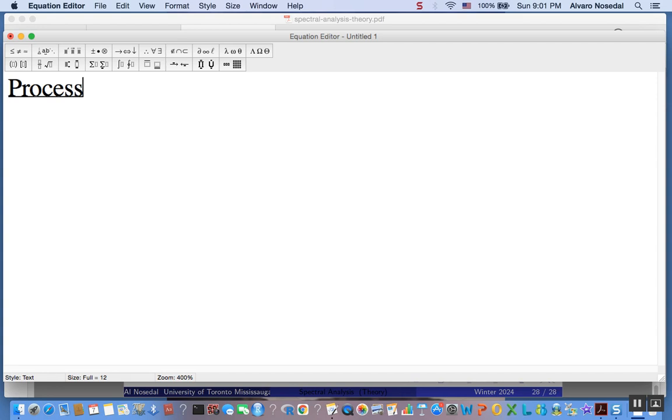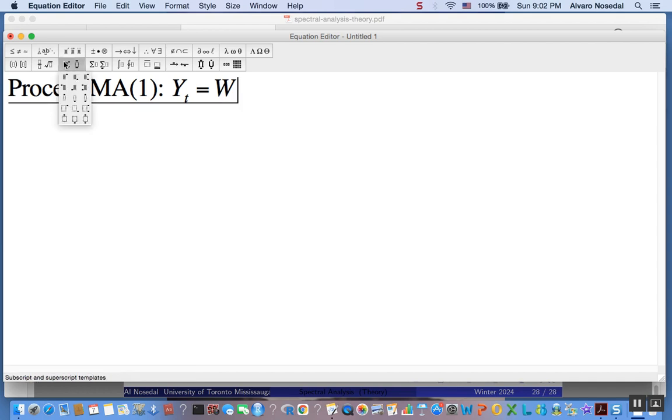It's a moving average, first order, and it's defined as follows: Y at t equals W at t plus beta W at t minus 1.